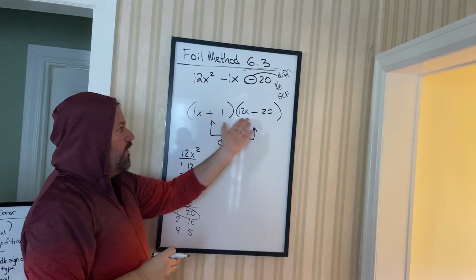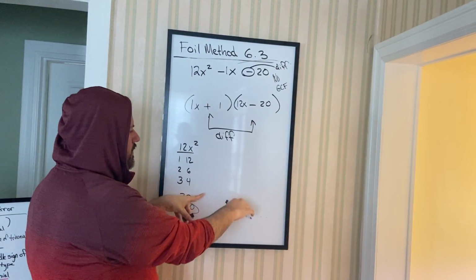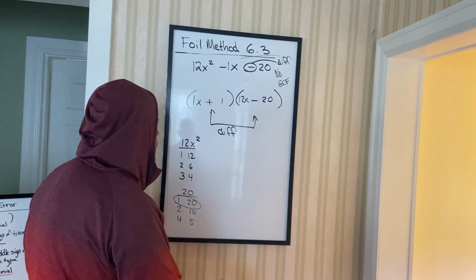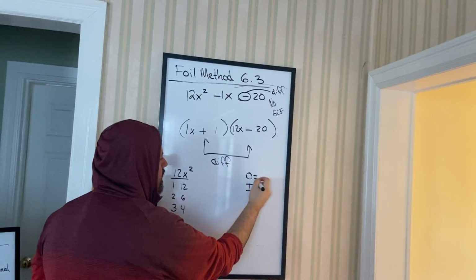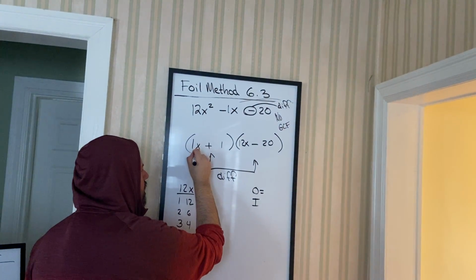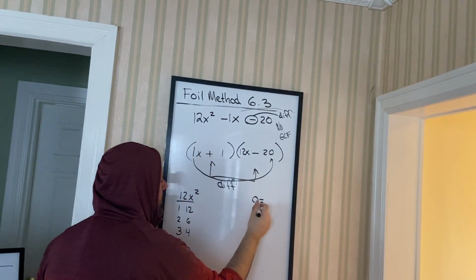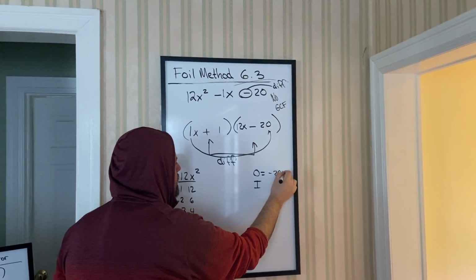Now that this looks almost like an answer, you're going to have to multiply this out. Either do your square and make it a 2 by 2 grid and multiply that way with that rectangle, or, like I said, O and I. So we know that outside, remember the ones that are closest to the outside edges multiply. So 1x times negative 20 is negative 20x.